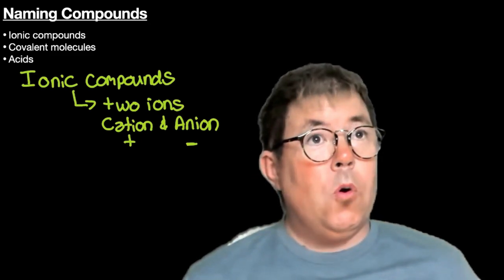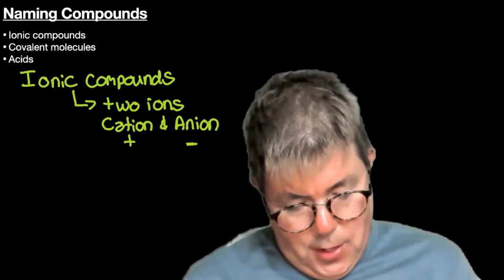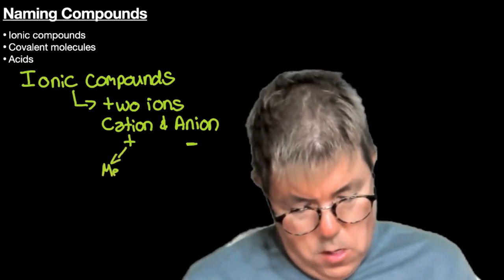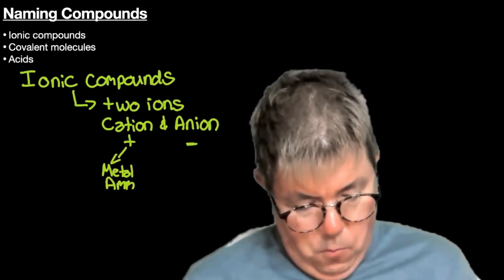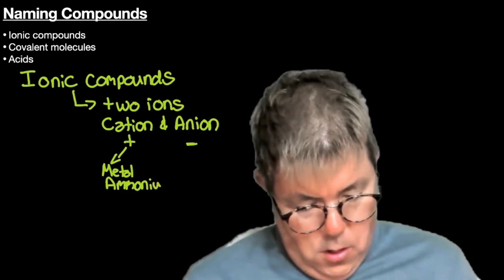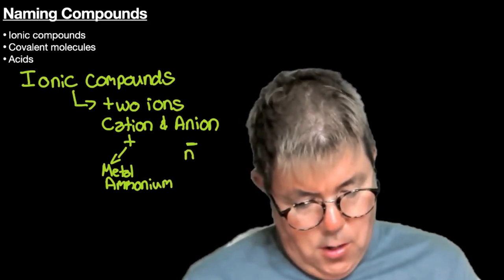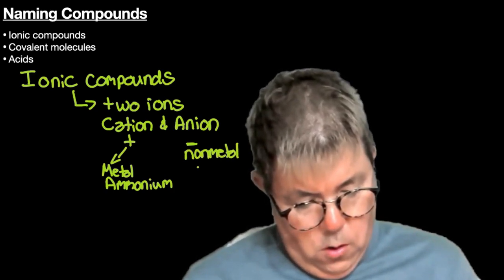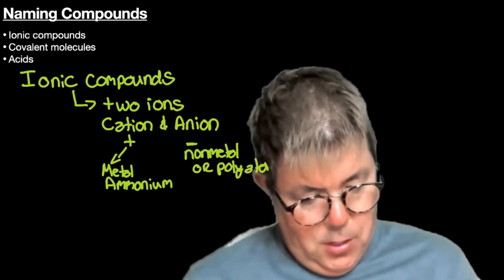The cation will almost always be a metal, so the cation will be a what? Metal or ammonium, and the anion will be a non-metal or polyatomic ion.